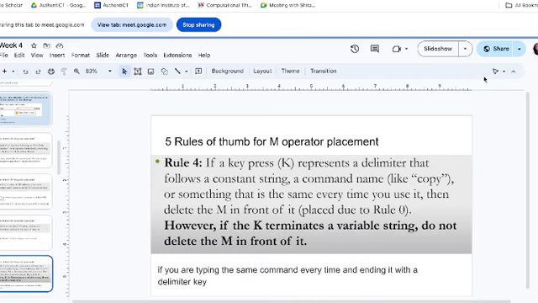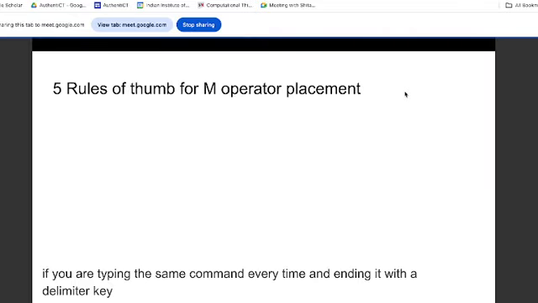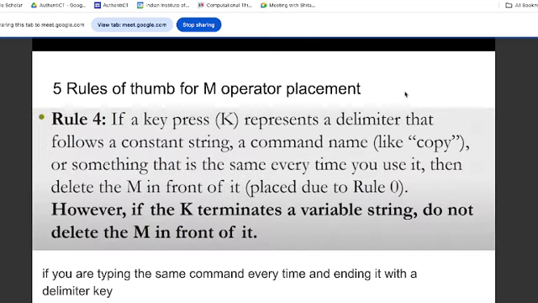Now rule number 4. We spoke about this example of the command line, and we spoke about typing copy paste over there. If you are giving a delimiter key every time, a key press, for example pressing enter after each, the key press represents the delimiter that follows a constant string.